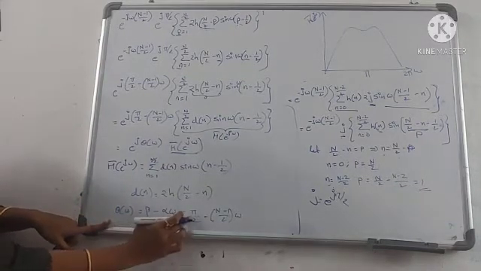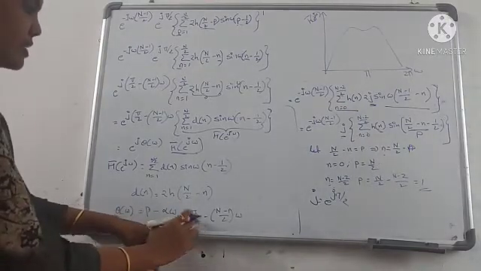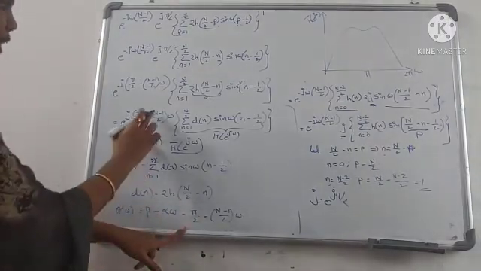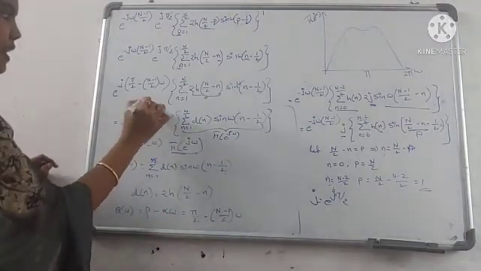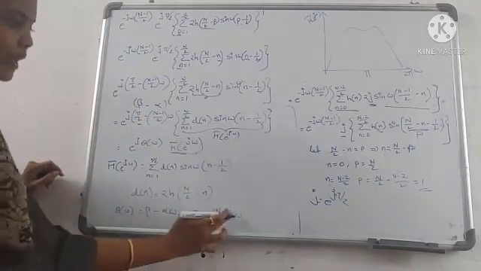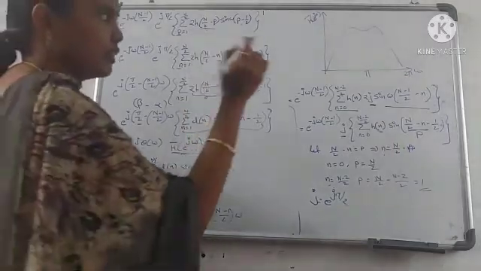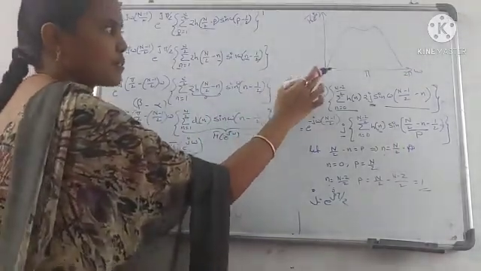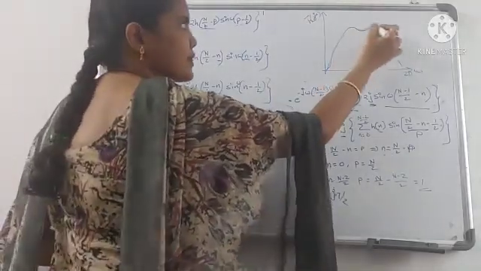So now beta, substitute beta is equal to pi by 2, and alpha value is what? n minus 1 by 2. So here this value is beta minus alpha. Beta value is pi by 2 and alpha value is n minus 1 by 2 into omega. So this is the frequency response of antisymmetric when n is even. So this is the response.